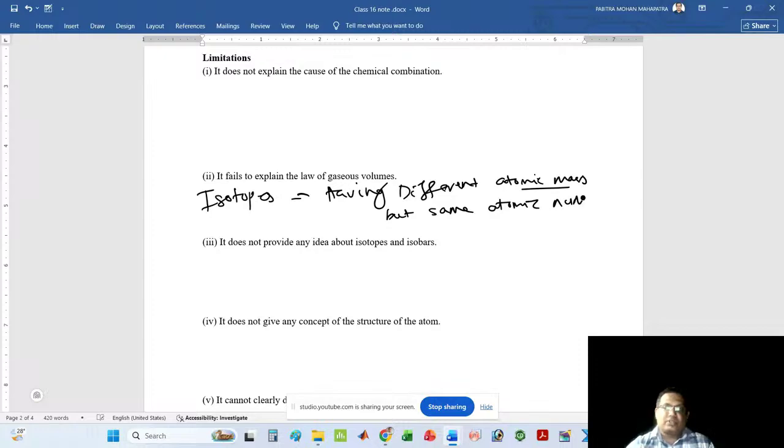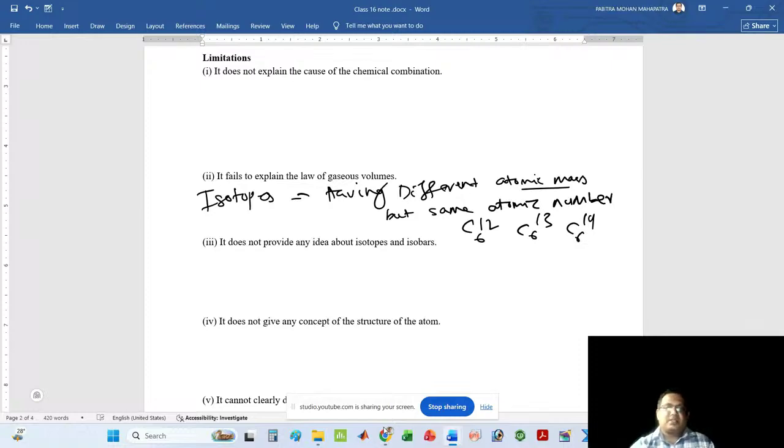This is said to be isotopes. If you think about carbon, it has different isotopes, C-12, C-13, C-14. These are different isotopes of carbon.